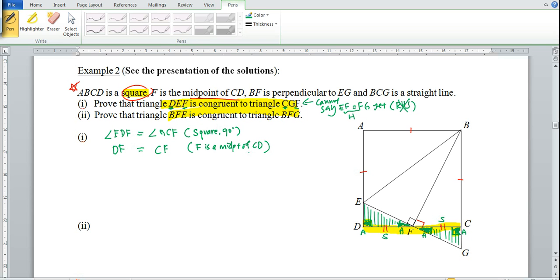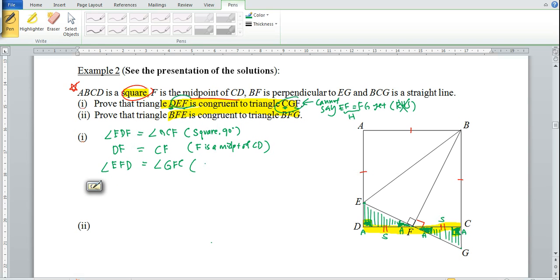Okay, so I have to be very specific. You cannot always say given. Okay, if the question did give you something more than that, you have to state out what is the property that you're using. So after DF equal to CF, I have another angle to touch on. Angle EFD is equal to angle GFC. I'm talking about the vertically opposite angle here. Okay, match them using the question.